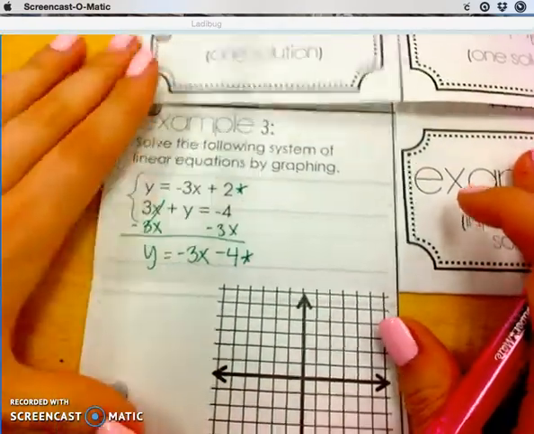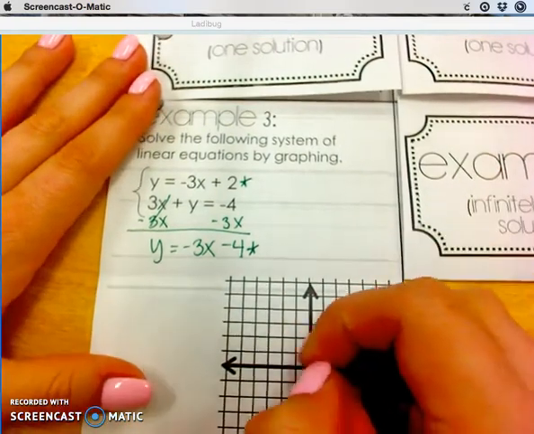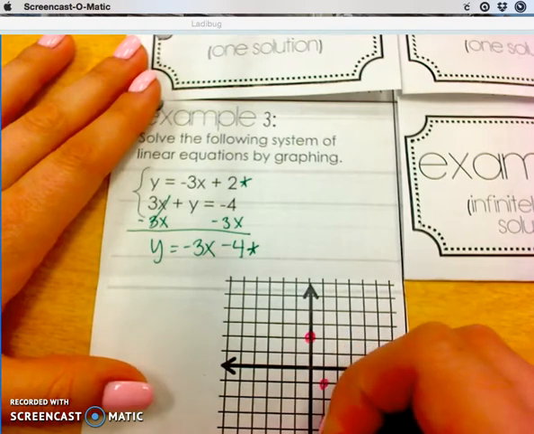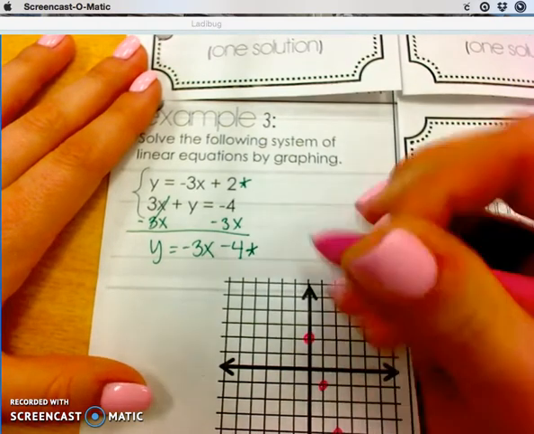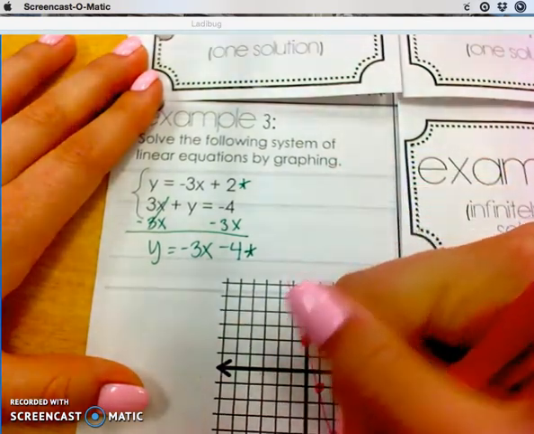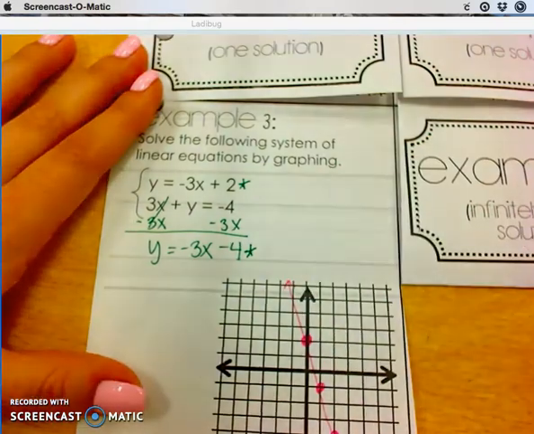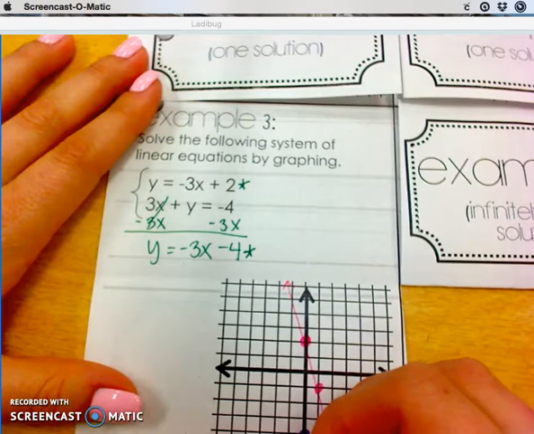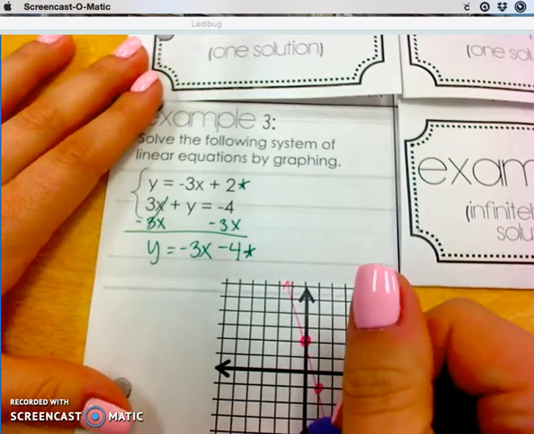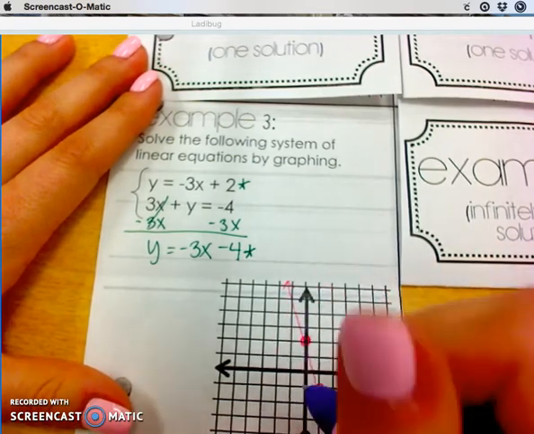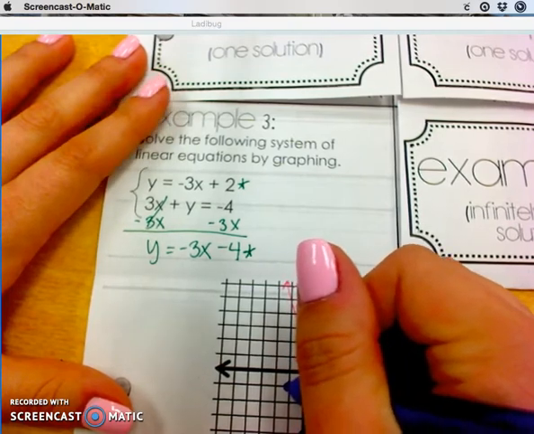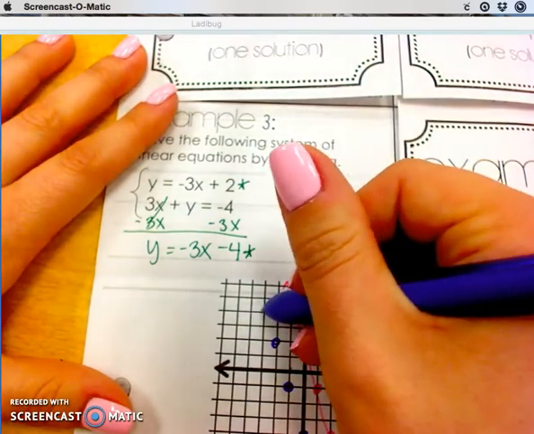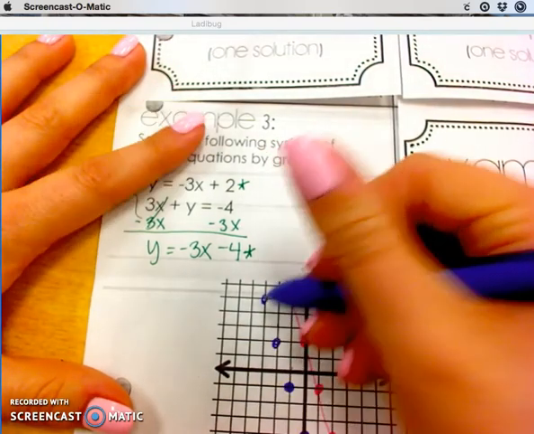Up at positive 2, down 3, right 1, down 3, right 1. And then the second one is at negative 4. You can't go down 3 and left 1, so we're going to go up 3, left 1, up 3, left 1, up 3, left 1.